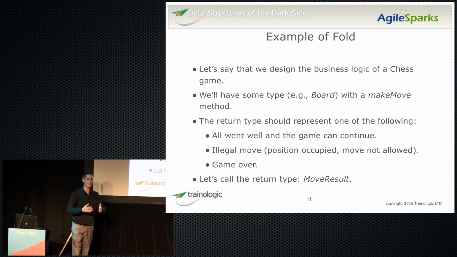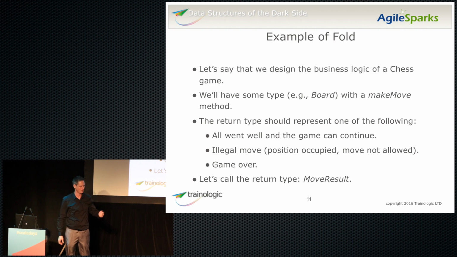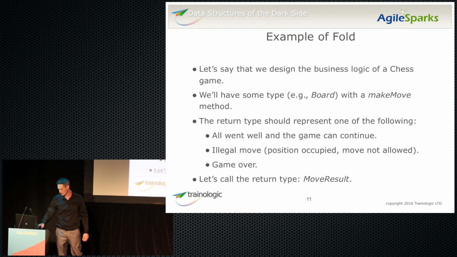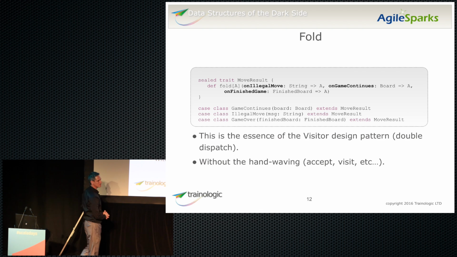So I have 3 different types as a result. I have all went well, a board, an illegal move, some error message or something like that, and a game over state, something like finished board, game over board, or something like that. So let's return a type and call it move result. Here is a sealed, this is the important part, a sealed trait of move result.